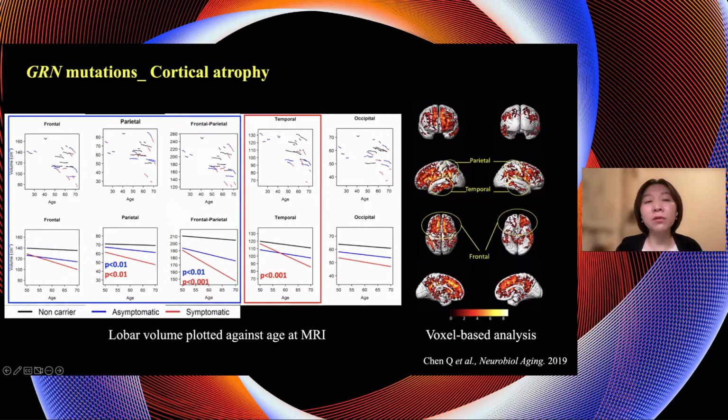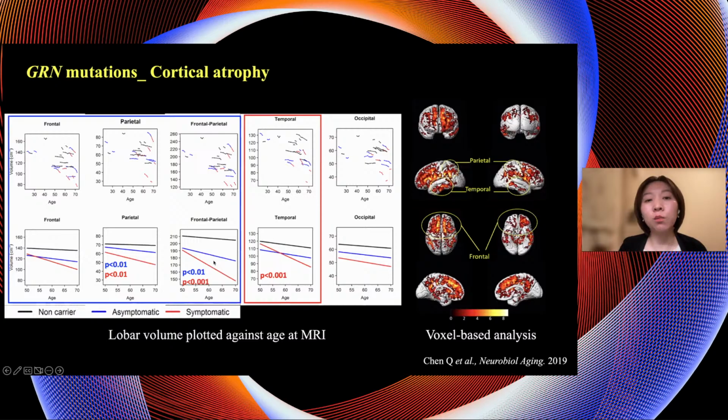We see the frontal and parietal lobe cortical volume decline started in the granulin mutation carriers as early as the asymptomatic stage and became more atrophic as the disease progressed in the symptomatic stage. For the annual change in the composite volume, we combined the frontal and parietal lobar volumes as one value.